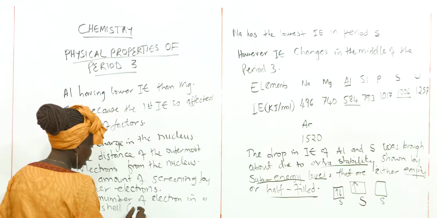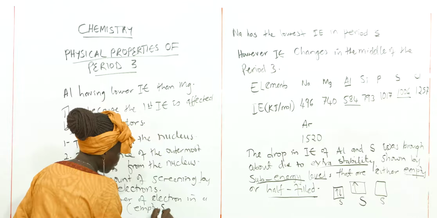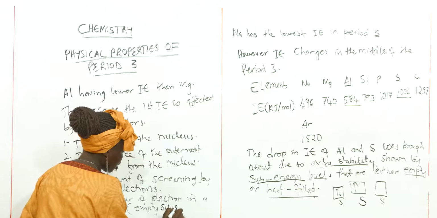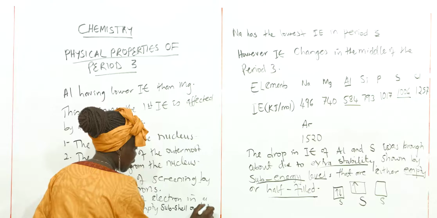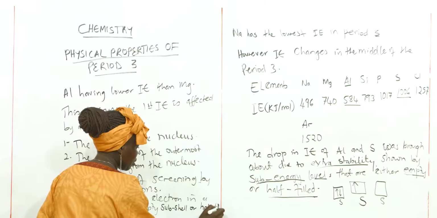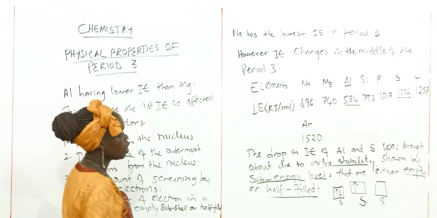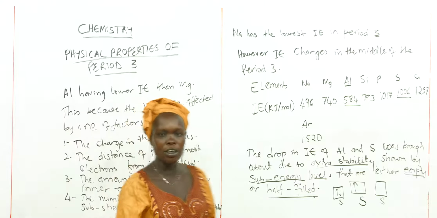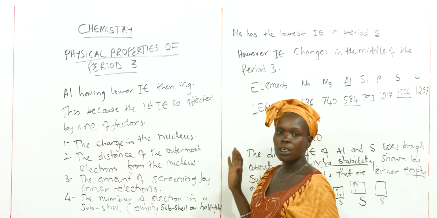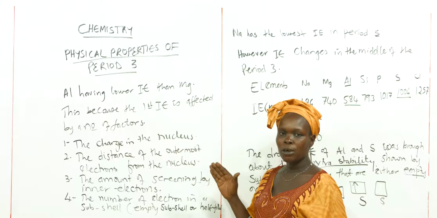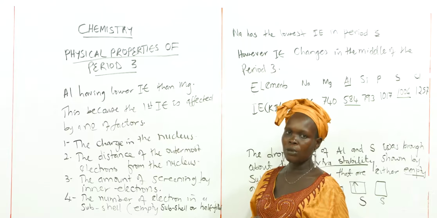This can be either an empty subshell or half filled. If the subshell is half filled or it has a single electron, it will also affect the ionization energy of period 3, in the middle, which is aluminium and sulfur, which are mostly affected by these factors.